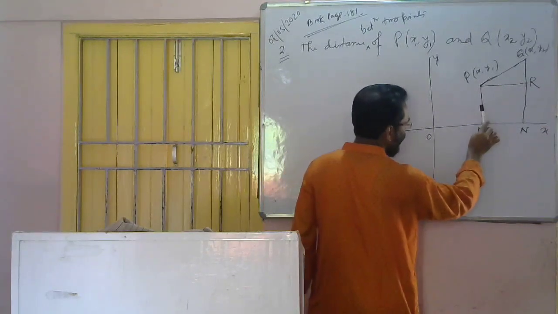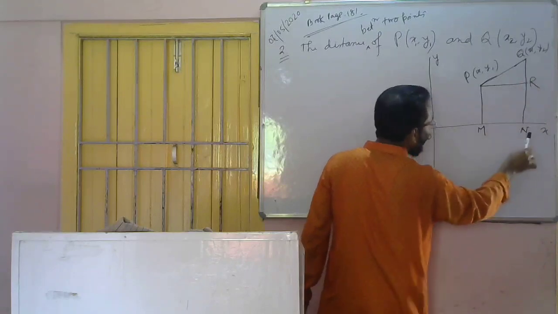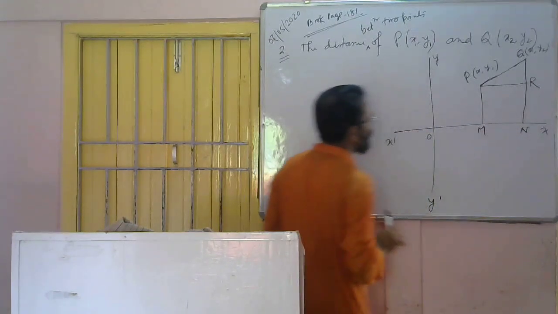First one is PM, second one is QN, and third one is PR.